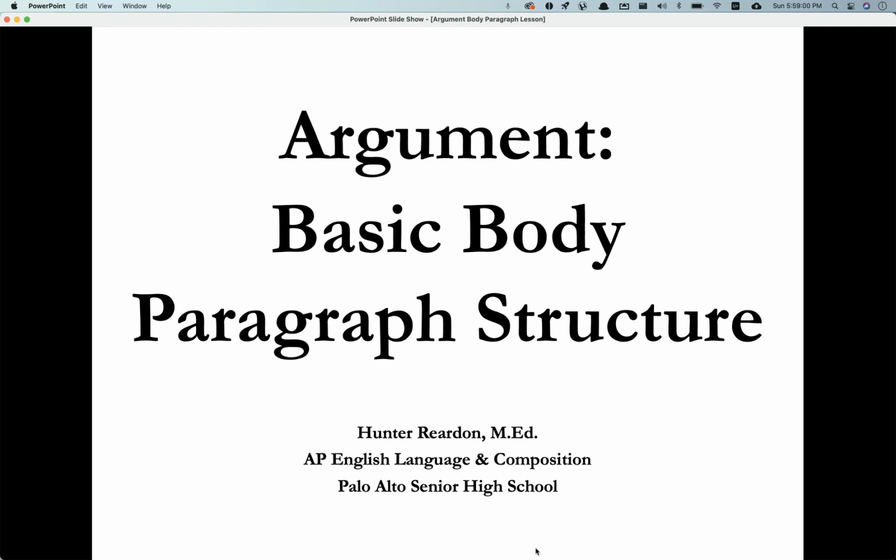We can then all have this shared fundamental understanding of argumentation, and then start to mess with it and make some changes in such a way that you can all become more flexible, more adaptive writers in the genres of argument and synthesis.